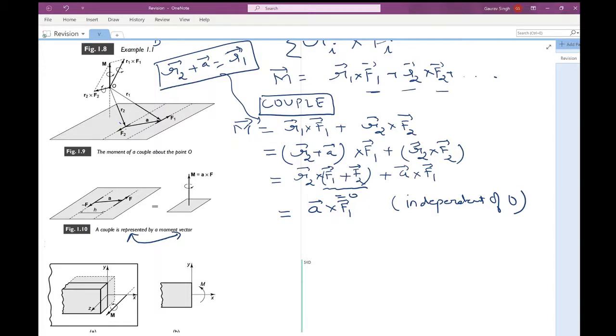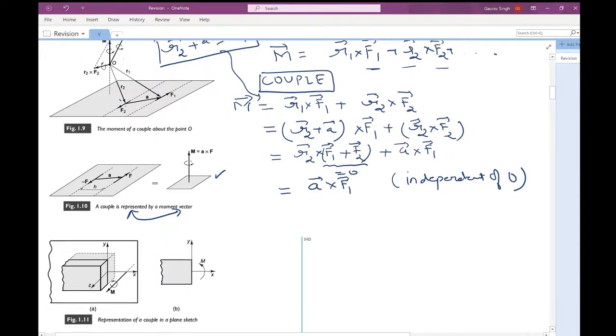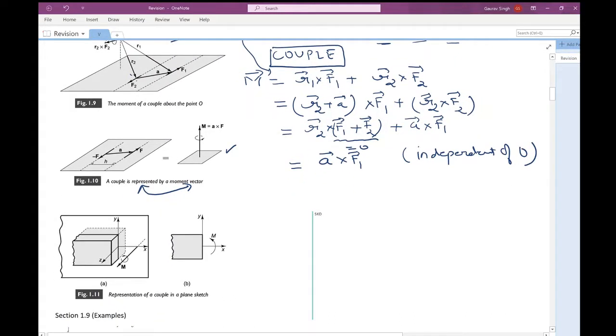And what we do is we replace those two equal and opposite forces acting at a distance by a small moment acting at a point, which is A cross F. Okay, so that's where we write the couple as a moment vector.